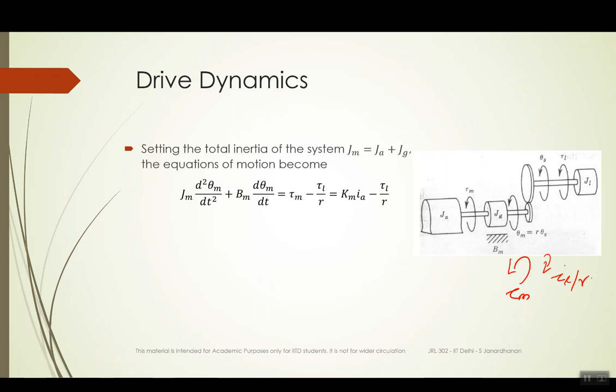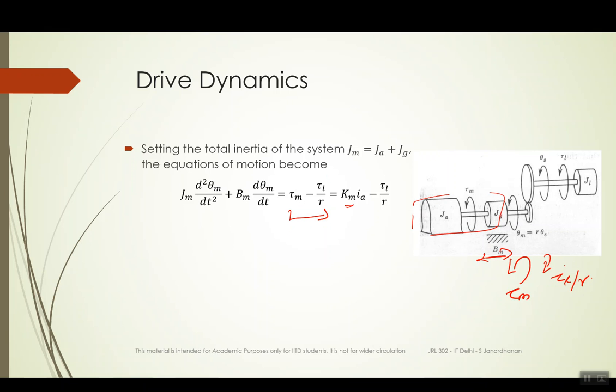So at the motor side, the total inertia of the motor is Ja plus Jg, which is, let us say, the motor inertia Jm. So Jm d square theta m by dt square plus the damping Bm d theta m by dt will be the effective torque, that is tau m minus tau l by r.